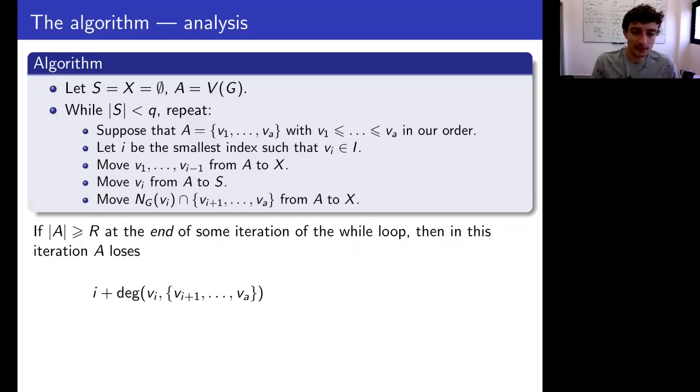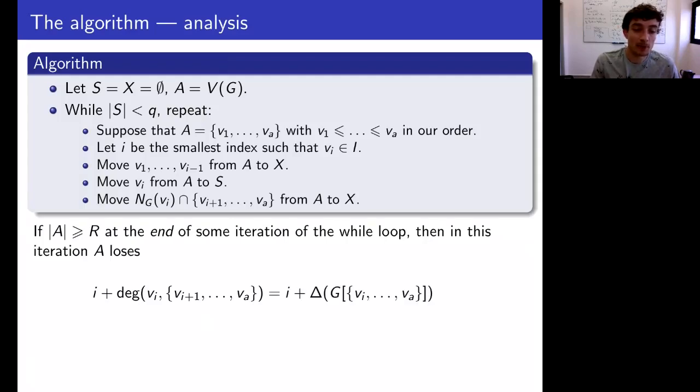Now, in this particular iteration, i plus the degree of Vi in the remaining vertices are removed from the set A and moved to either S or X. So this i corresponds to the vertices V1 up to Vi minus 1, and Vi. And the degree here is the size of the intersection of the neighborhood of Vi with the set Vi plus 1 up to Va.